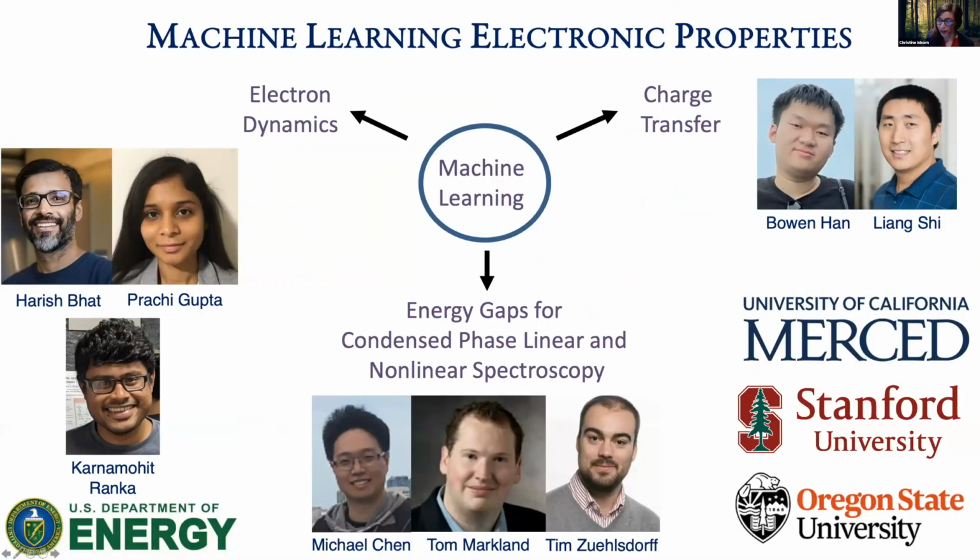We are looking at a few different sets of electronic properties with machine learning in the group, and since this audience is interested in what kinds of things we can do with machine learning, I thought I'd touch on a couple of the other projects. Sometimes machine learning is good for speeding up your calculations so that you can learn new chemistry, and sometimes it can actually allow you to gain new physical insight as well.